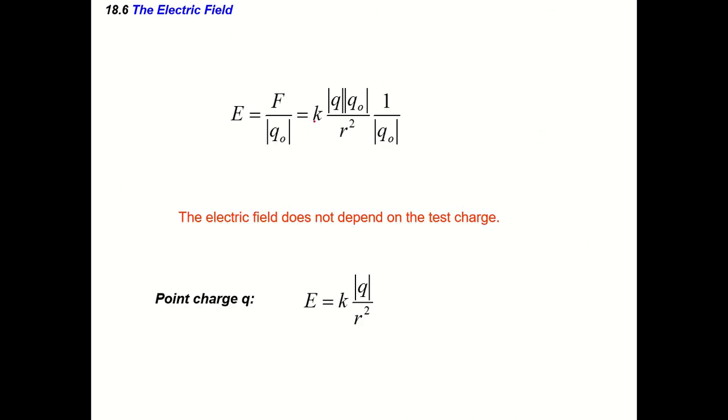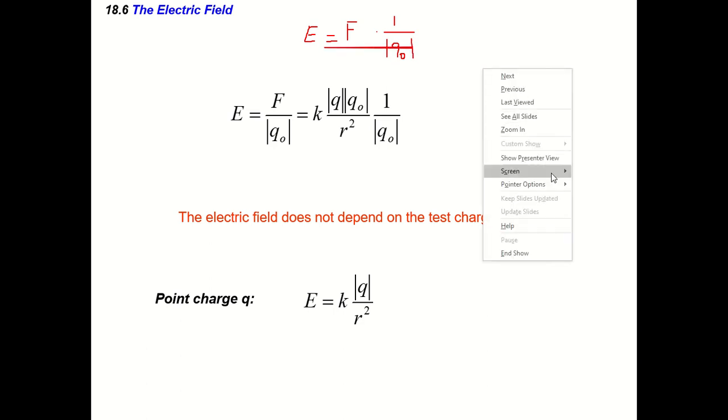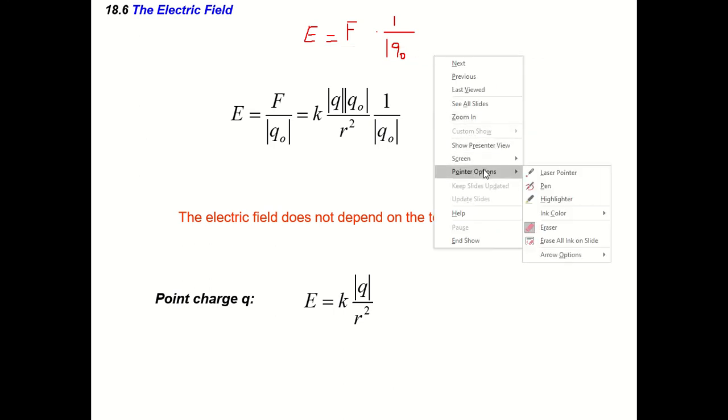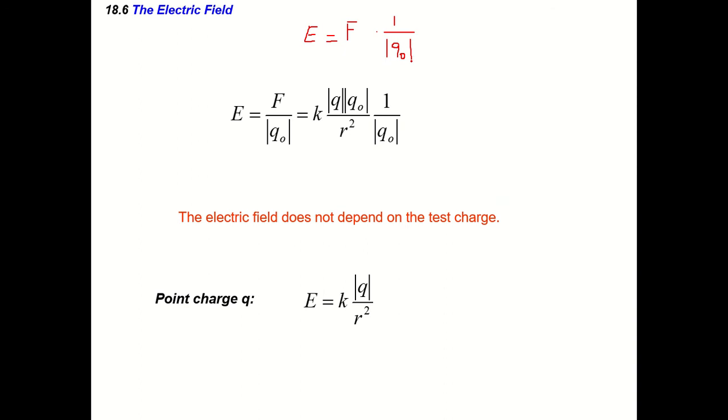Okay, so we can write this as E equal to F multiplied by 1 over Q sub 0, right? So this one is just the same as this. This is just the same as this.